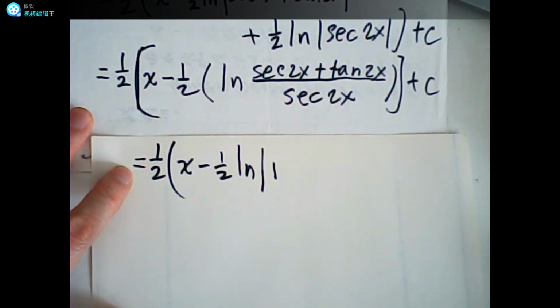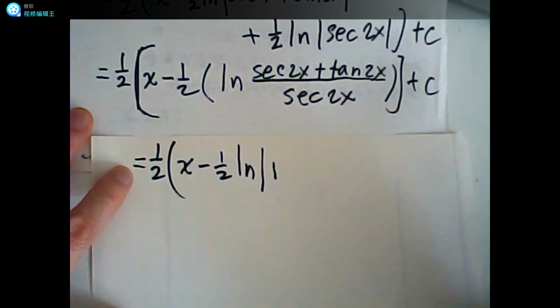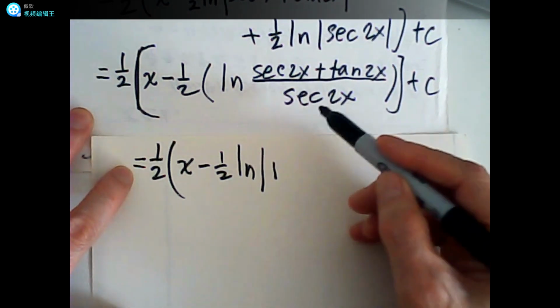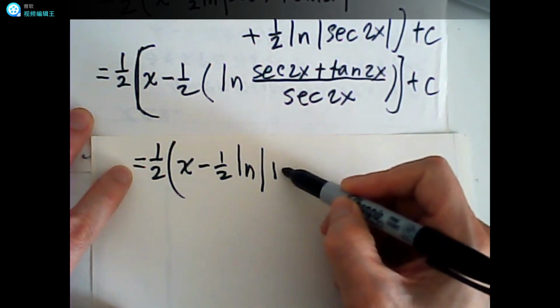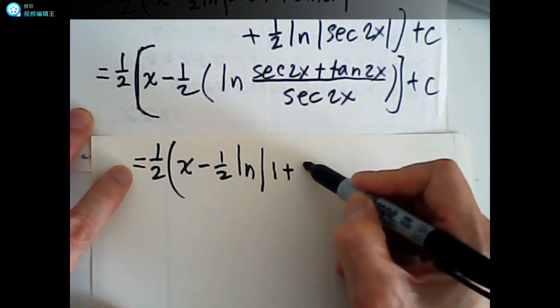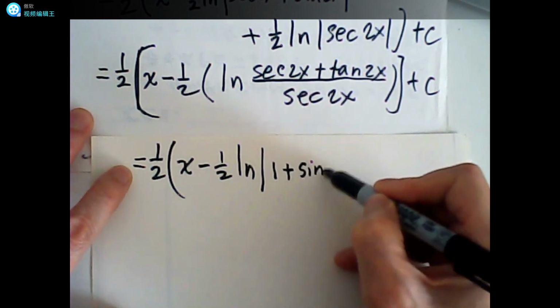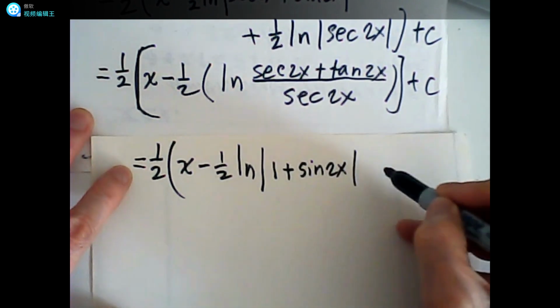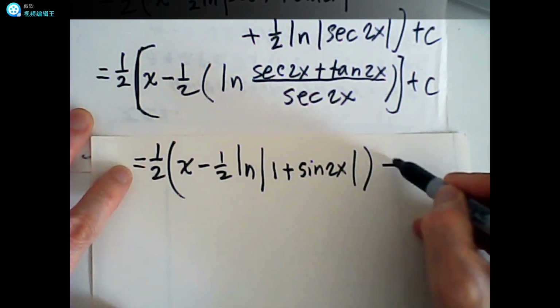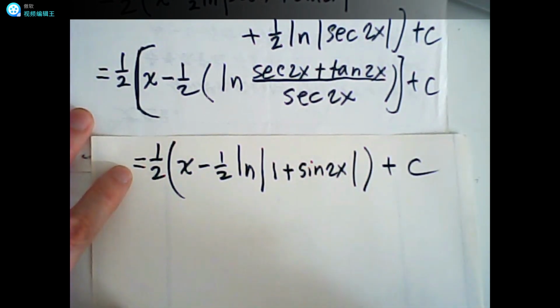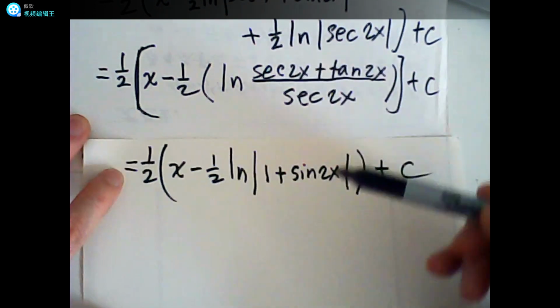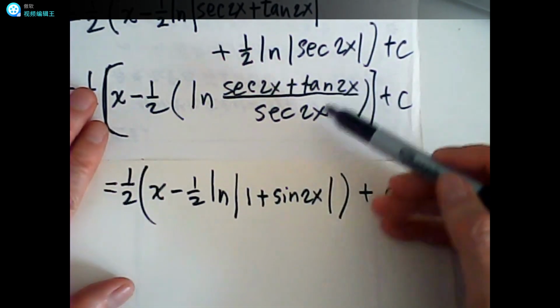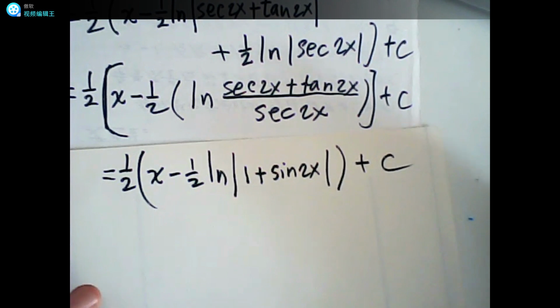You can simplify by multiplying cosine 2x top and bottom. So you get sine 2x. Right. Okay. So this over this is a 1. This over this is sine 2x.